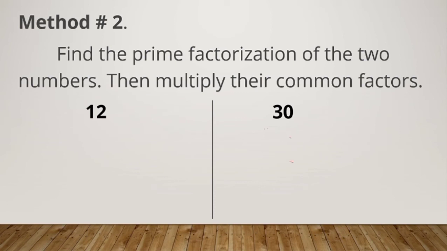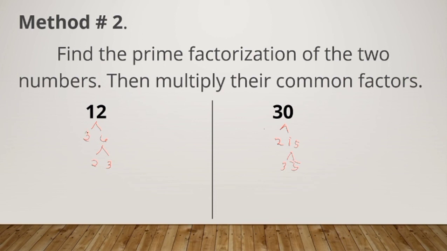Method number 1 works, but you have to list all the divisors for both numbers. That's why there's method number 2. Find the prime factorization of the two numbers, then multiply their common factors. The factors of 12 are 2 times 6 and 2 times 3. And the factors of 30 are 2 times 15 and 3 times 5.